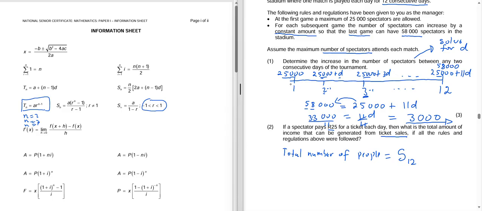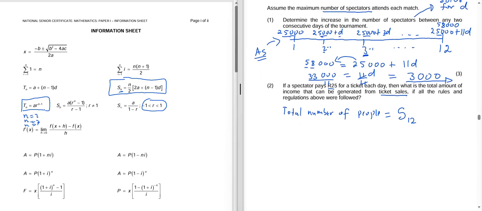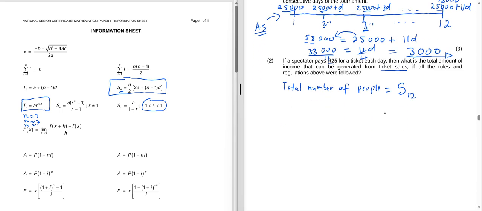And then we know that whenever we have a constant difference increasing, it means we have an arithmetic sequence. And the formula for an arithmetic sequence is this one, right? But in place of n, we are going to replace with 12 to represent the 12 days, meaning we get the total number of people for those 12 days.